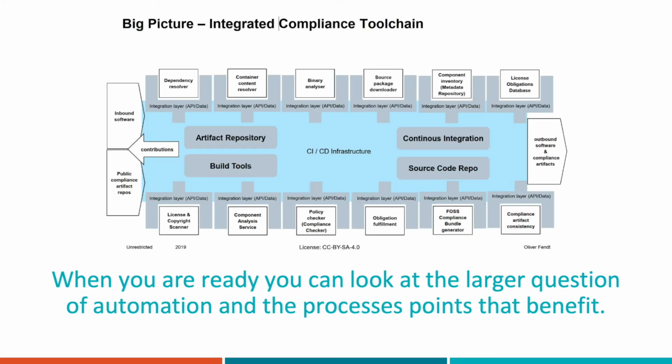Now, when you come to the bigger picture here, you're looking at a series of benefits and the question of how those benefits work. You know, what are the process points where things can occur with automation? And here's an image created by Oliver Fendt of Siemens that I think is very useful for showing how, from inbound to outbound, you can have points in the development lifecycle here at CI/CD where you can get automation that's helpful.